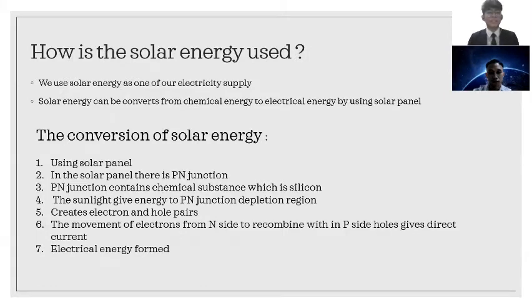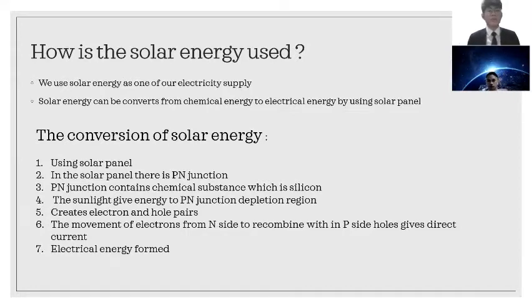Let's get into detail about how this happens. As we all know, on the solar panel itself, there are a lot of photovoltaic cells. Before we get into that, there are many forms of energy, such as electricity, kinetic energy, and whatnot.